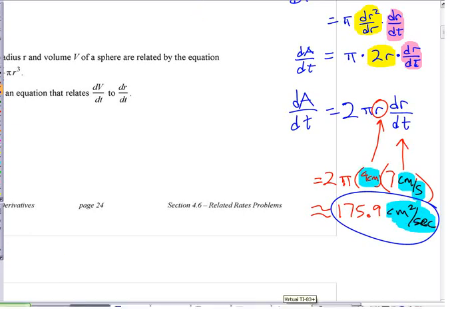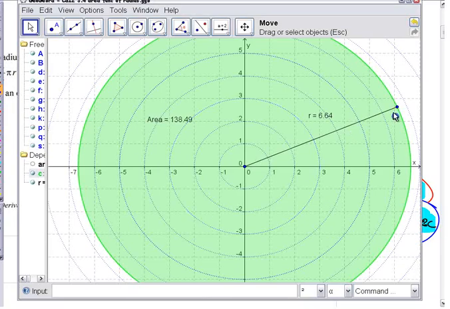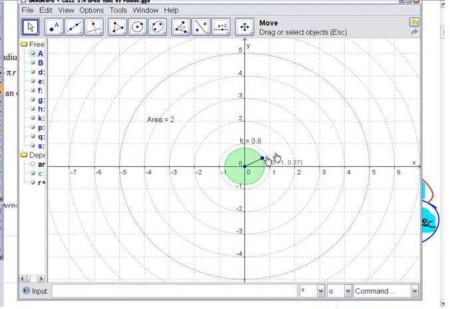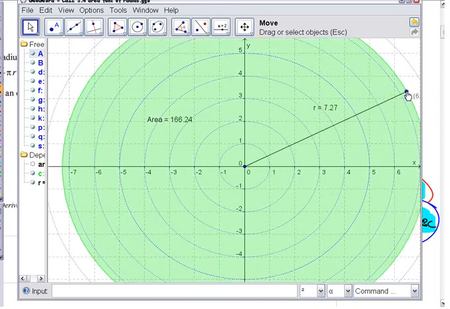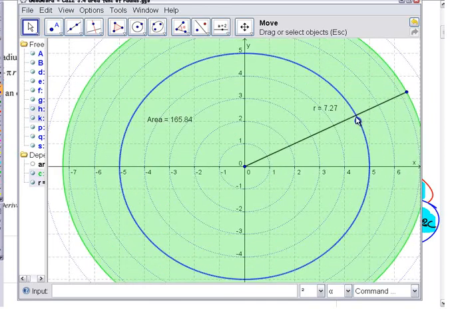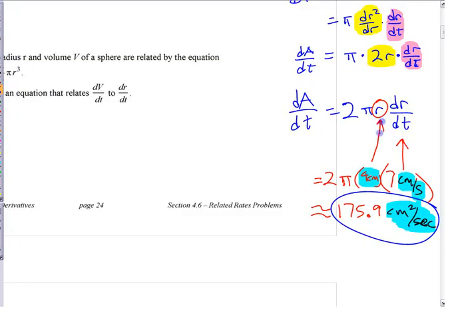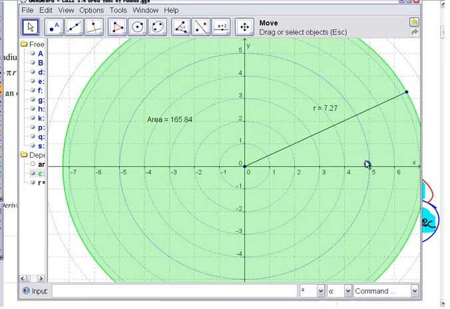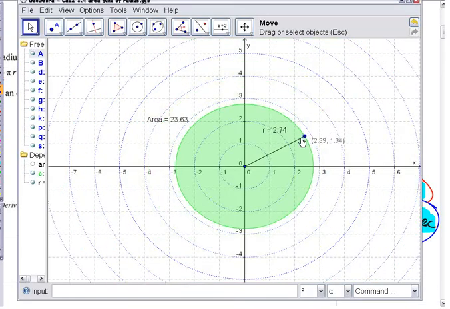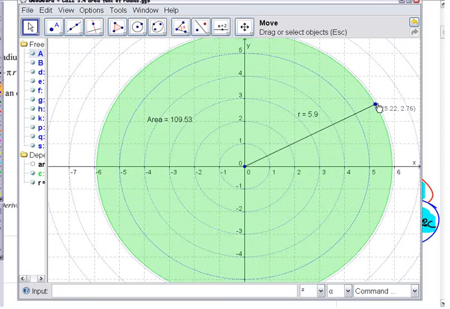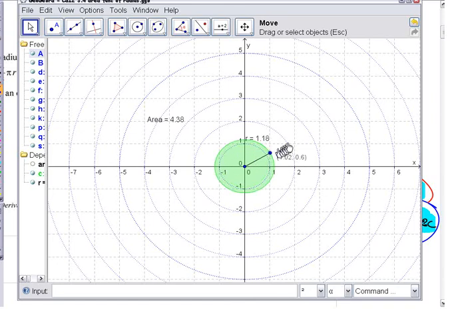That's not going to be the same as at the instant you hit 5, right? If I was increasing this at 7 centimeters per second, the instant I hit 5, I'm going to be gaining area at a higher rate than that, because we would have put a 5 in here instead of a 4. That would be a higher number. And again, intuitively, the farther away from the center I am, if everything else is constant, the faster I'm gaining area, right?